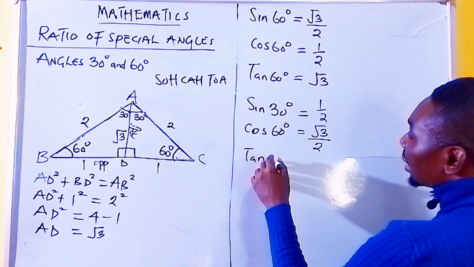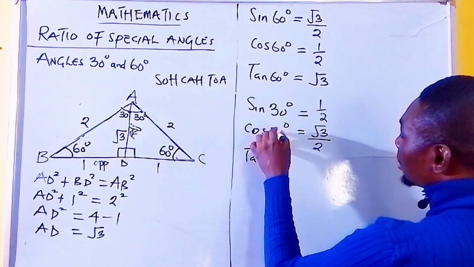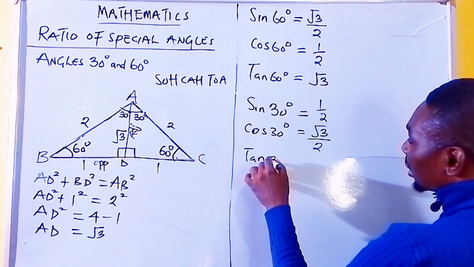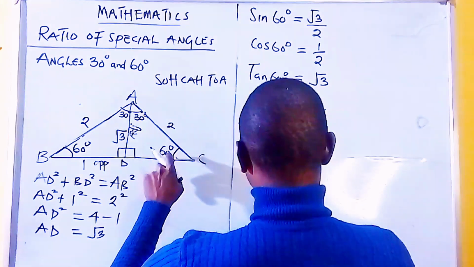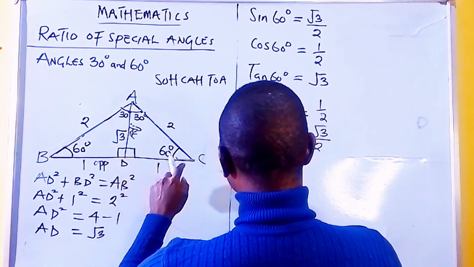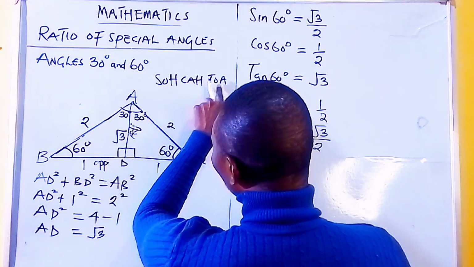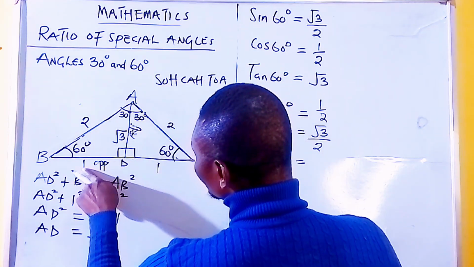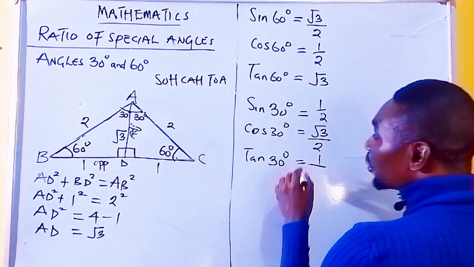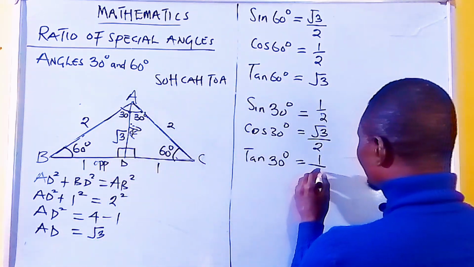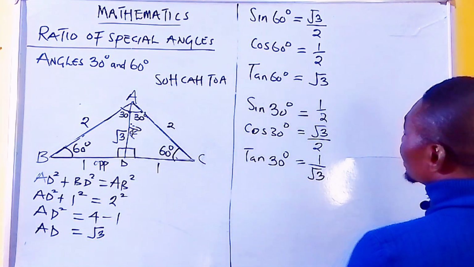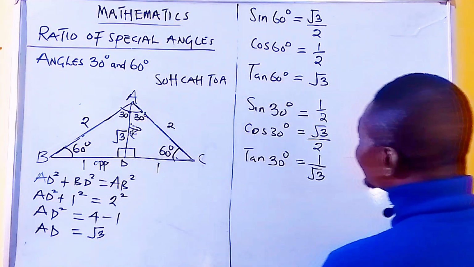Then tan 30 degrees is opposite over adjacent, that is opposite, which is 1 unit, over the adjacent, which is root 3.